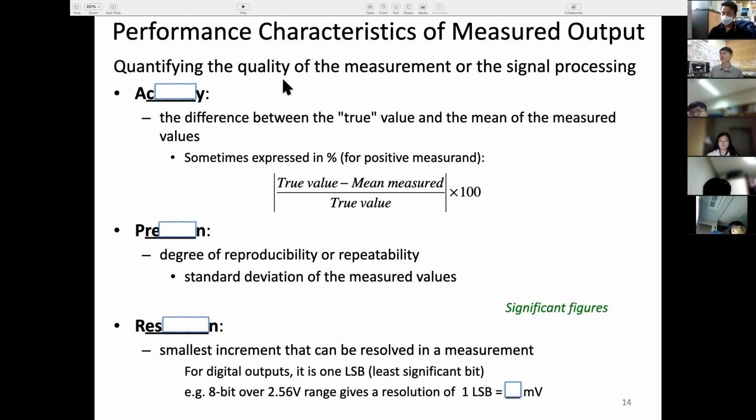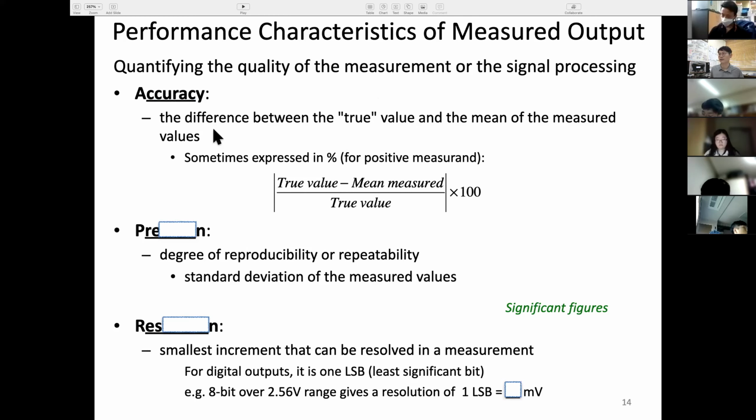Then you need to be able to tell the quality of measurement by a quantitative measure. The first thing you want to say is, you measure some biological system, and you have to compare with the true value if it's known. That we simply call how accurate your instrument is.